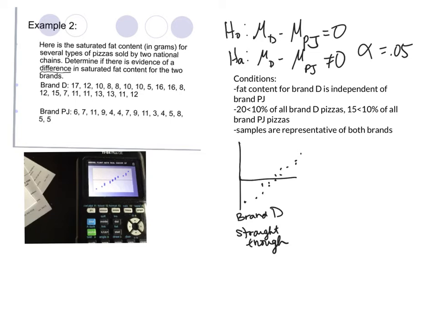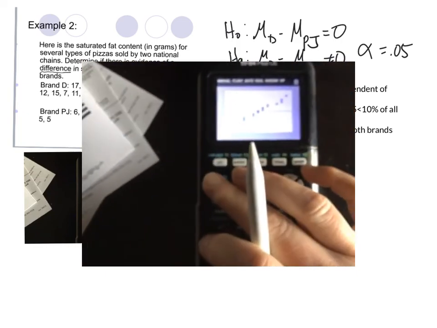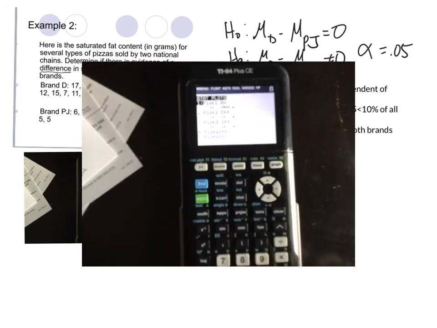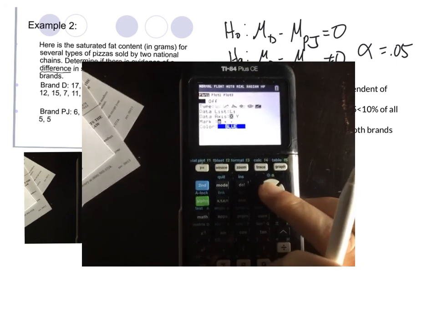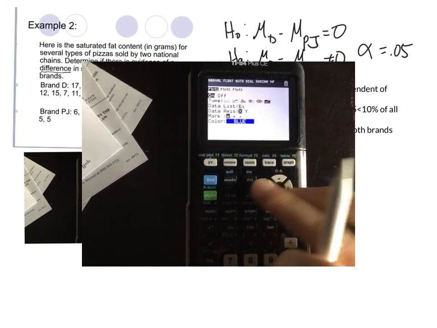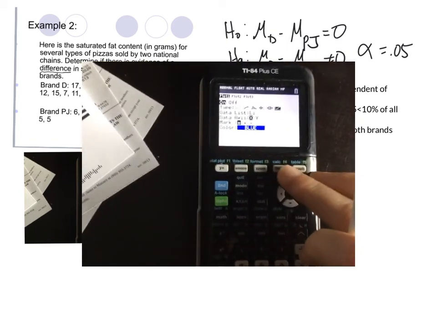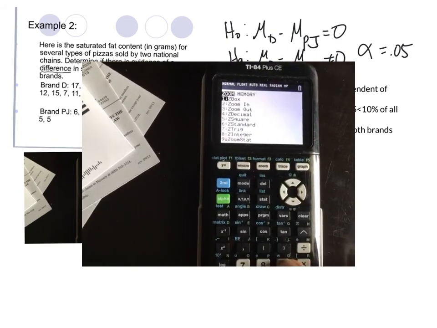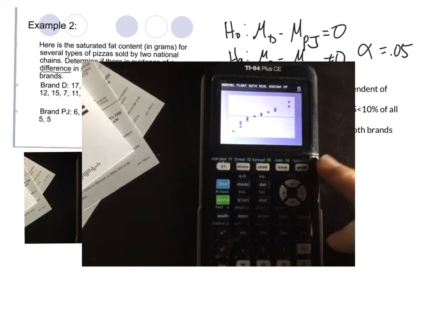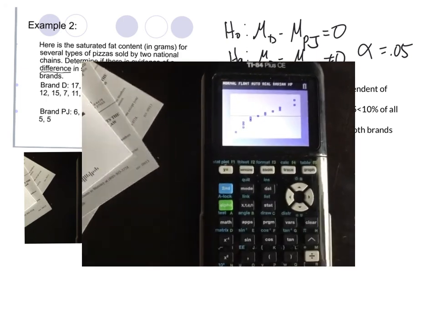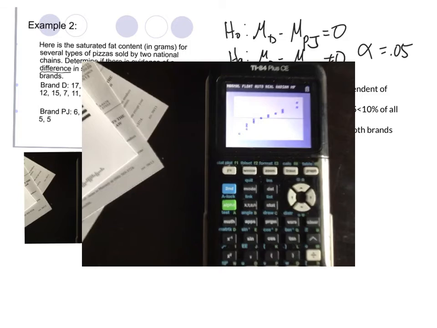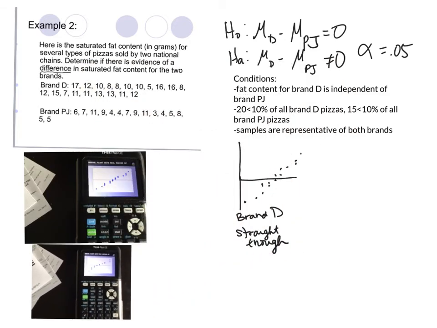And then let's add another one and look at our other one. Stat plot. Just going to turn this one to list 2, zoom 9, and that also looks pretty straight. That one's a little blurry, but you get it.